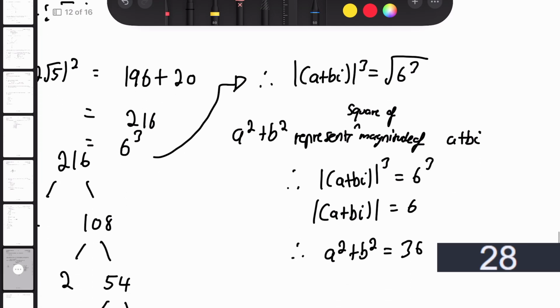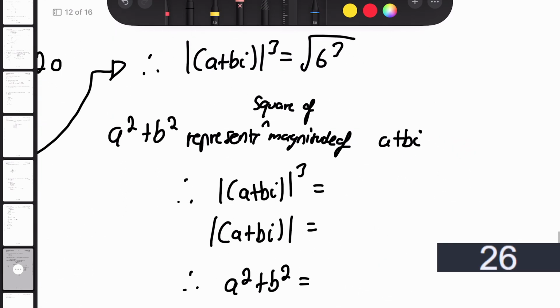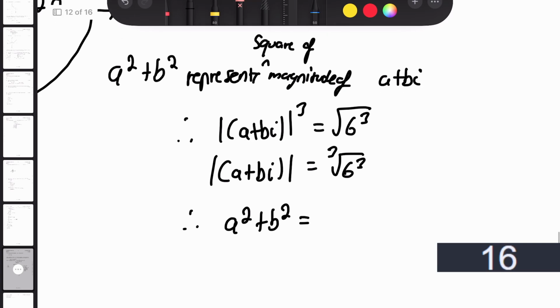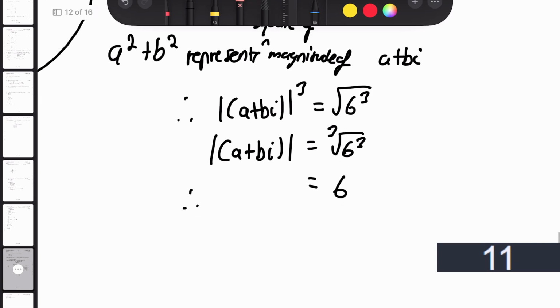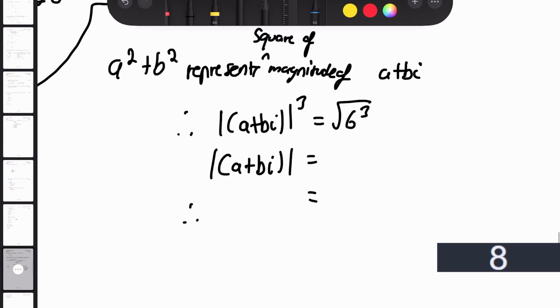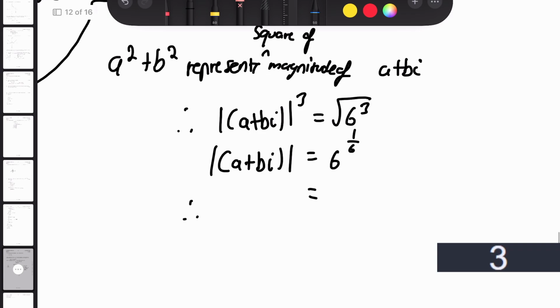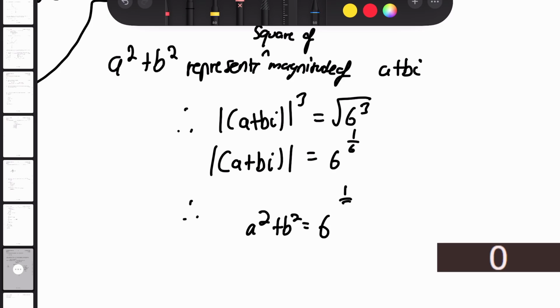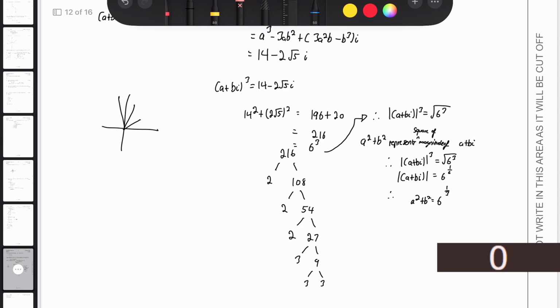So going to be a third root, square root of 6 to the power of 3 will be equal to 6. Wait, no. So it's a half, so 6 to the 6. Then a squared plus b squared equals 6 to the 2 on 3, or 1 on 3. I think.